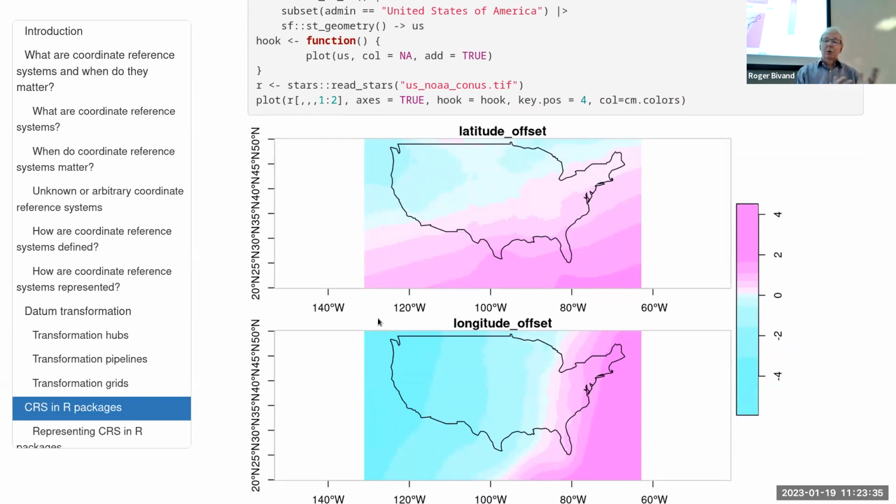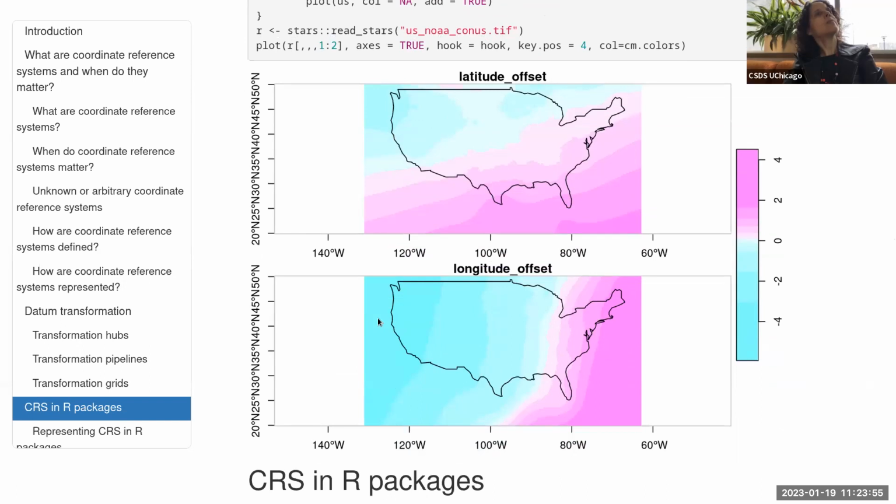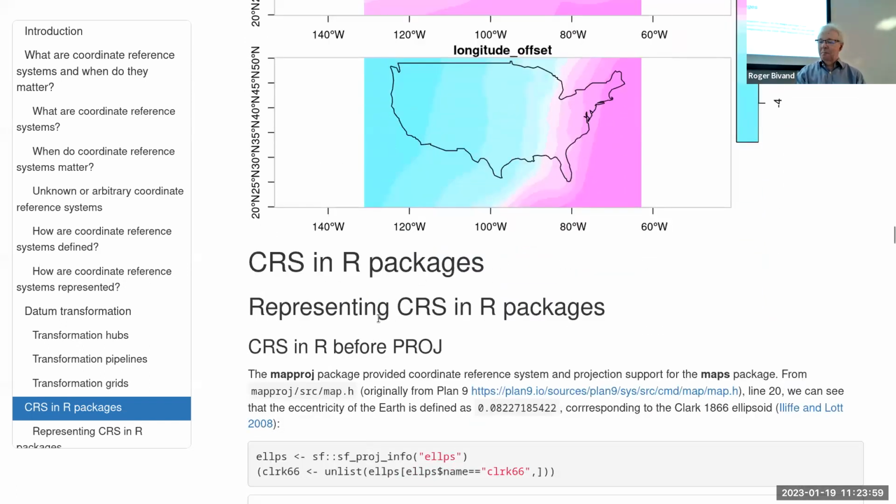So actually, where we are in Chicago, there's very little offset in either way for the CONUS. If we'd done the same for the Illinois, then you'd also see that the differences were in centimeters between the NAD83 and NAD27. So actually, this is one of the worst places probably in the world to try and demonstrate the impact.